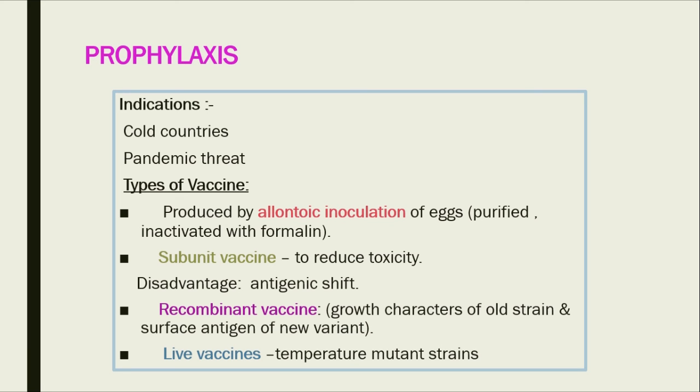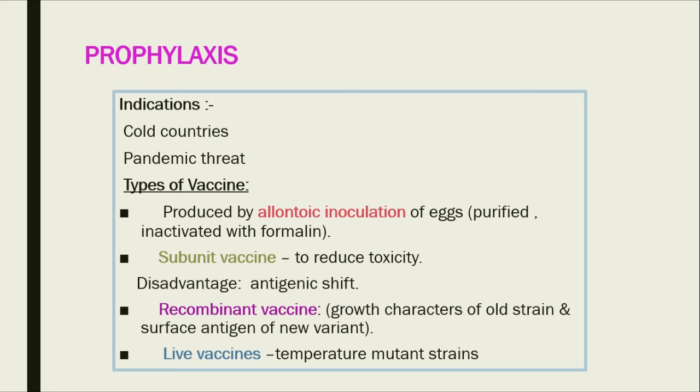Now, talking about prophylaxis, major indications, especially in cold countries and pandemic threat areas, definitely we have to think about prophylactic measures. Of course, we are not so successful in providing a specific vaccination against all types of influenza, because they keep on undergoing these kinds of changes.